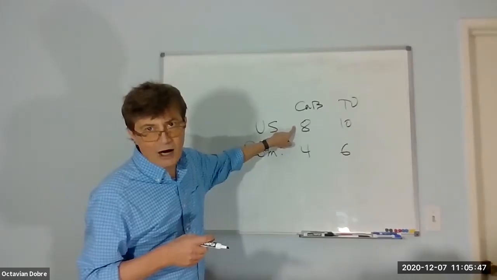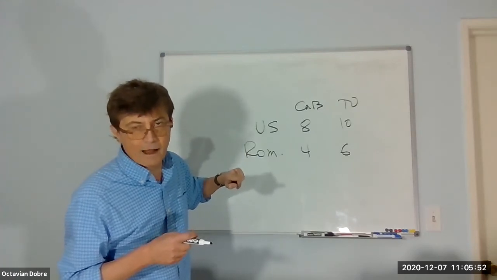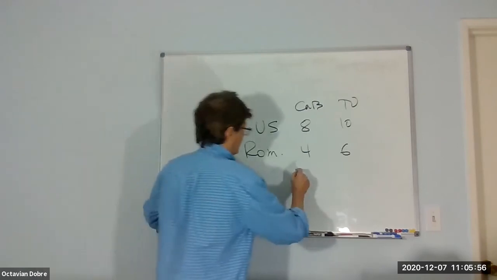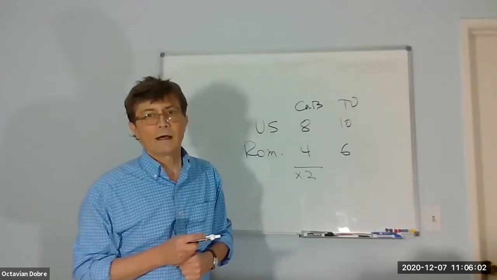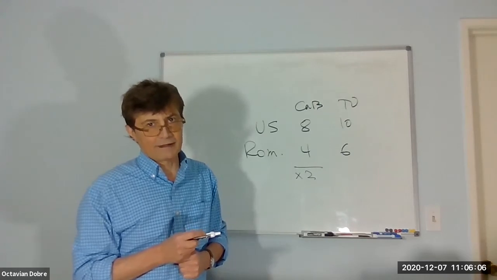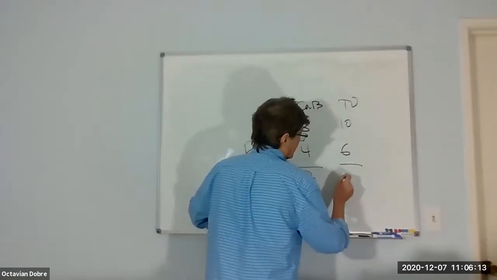Let's take a look at cars. The US is better than Romania, right? How many times is the US better than Romania in cars? 2. The US is also better than Romania in TVs. How many times are they better than Romania in TVs? About 1.5, 1.6. Yeah, so it's less than 2.